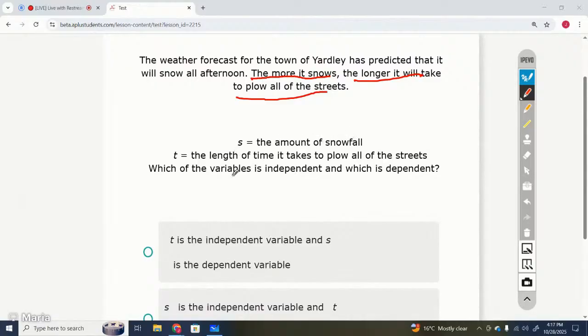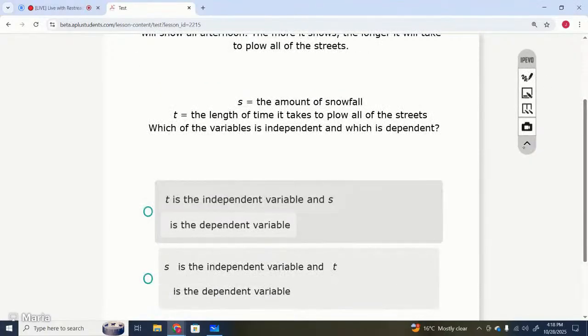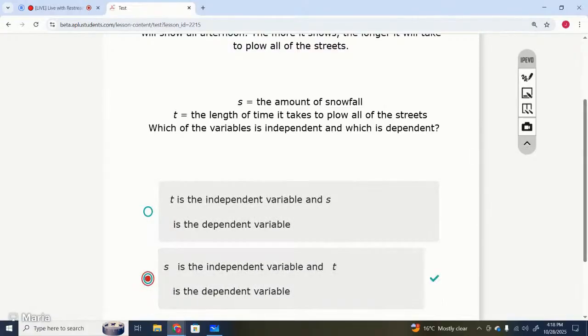S is equal to the amount of snowfall and T is equal to the length of time it takes to plow all the streets. Which of the variables is independent and which is dependent? So the more it snows, the snow is the independent variable and plowing the streets is the dependent variable. S is independent and T is the dependent variable.